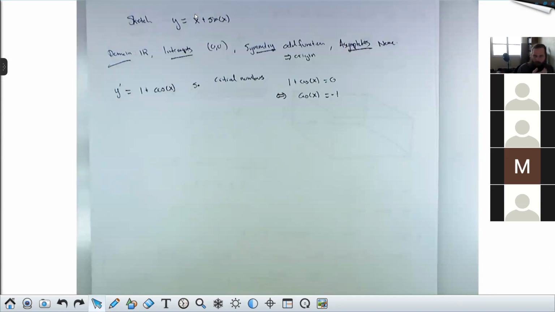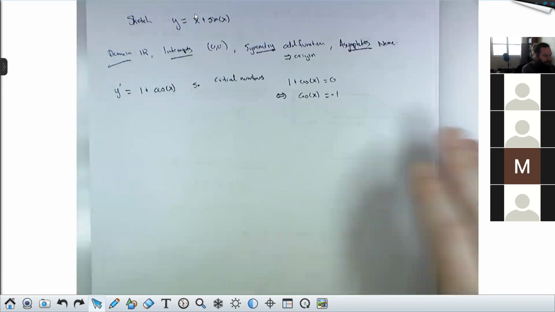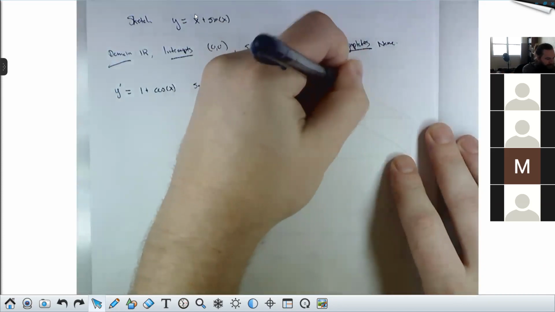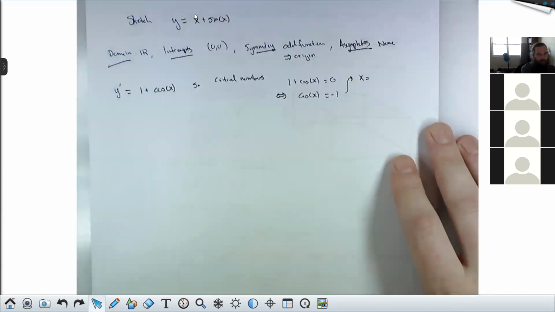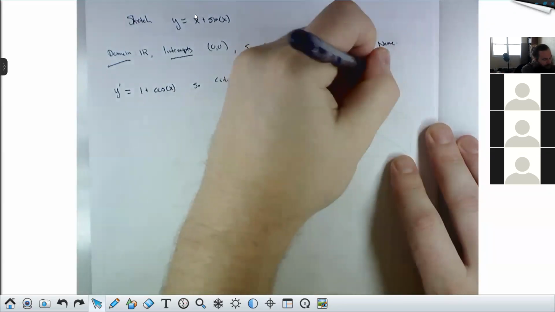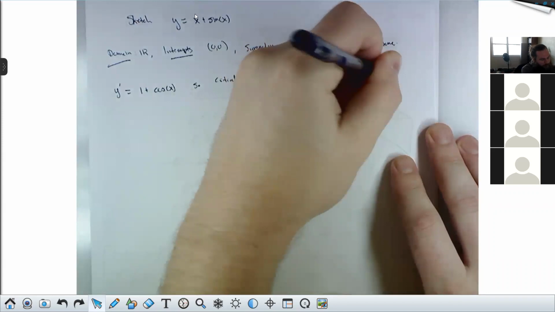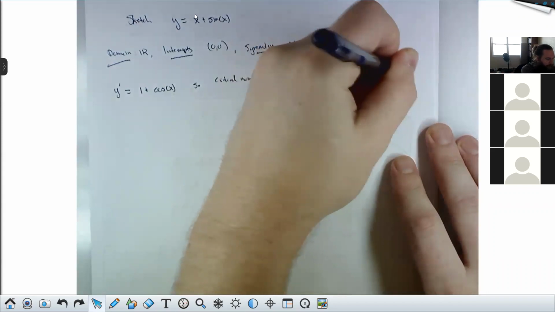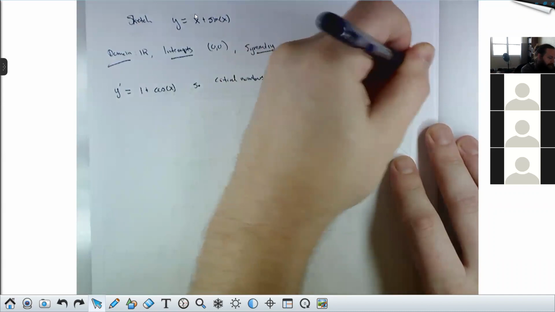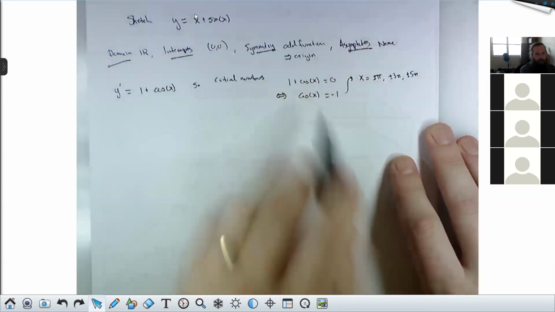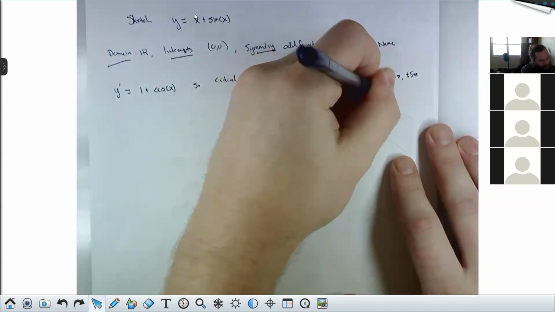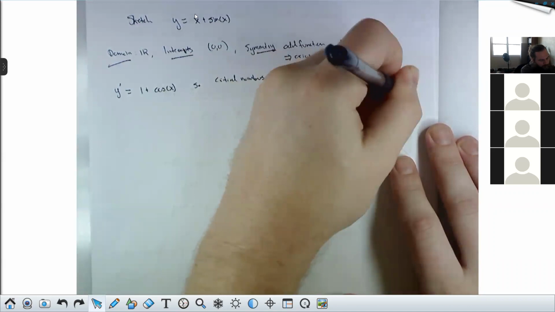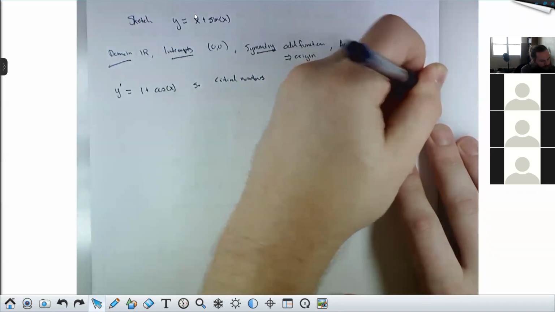Pi, good. Where else? -pi, and also plus and minus 3 pi, and also plus and minus 5 pi. So we've got to remember how to solve trig equations like this. The full solution here is n pi, where n is any integer.